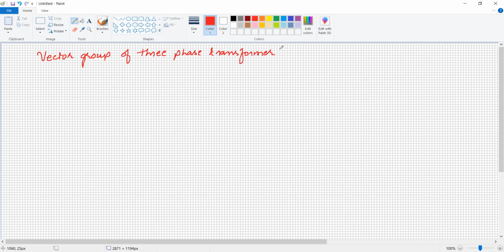In a three-phase transformer, there are three single-phase windings on the primary side and three single-phase windings on the secondary side. These windings may be connected in star or delta. So there are different connections in the three-phase transformer, like star-star, which is represented as a capital Y, small y, Yy connection.